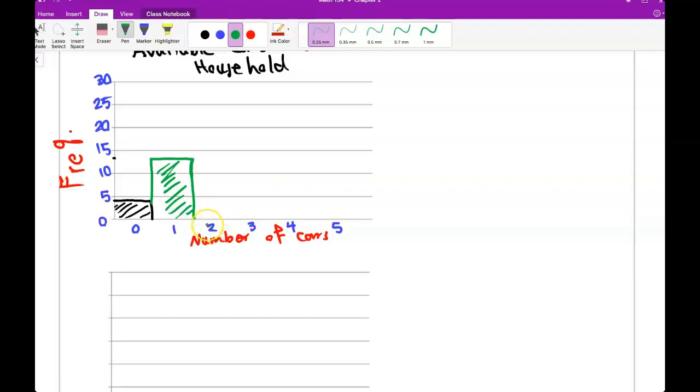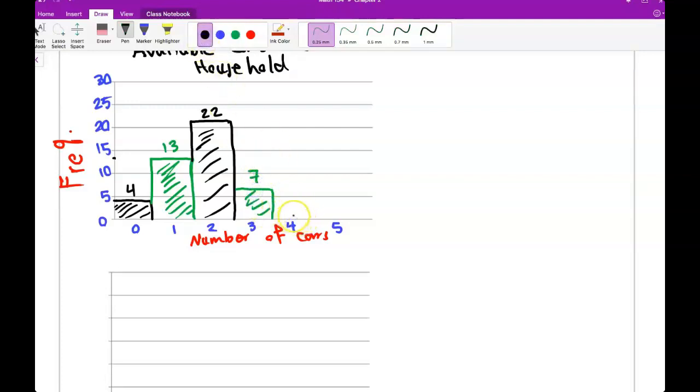And for 2 cars, we have 22. Okay, I'm writing what we had here, what the frequency was. That was 22. Here it is 4, and this one is 13. Then 3 cars, the frequency is 7. And 4 cars, 3.